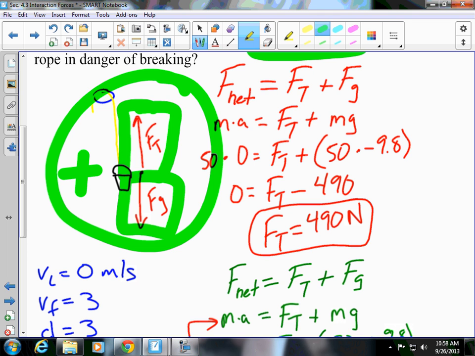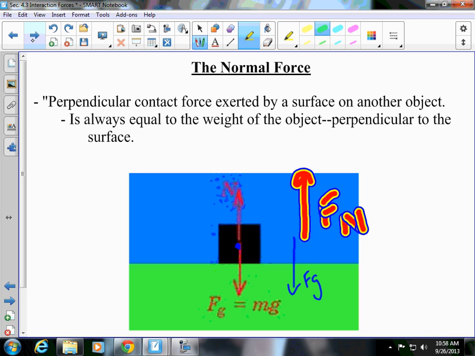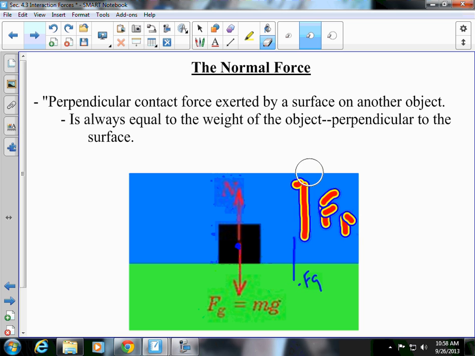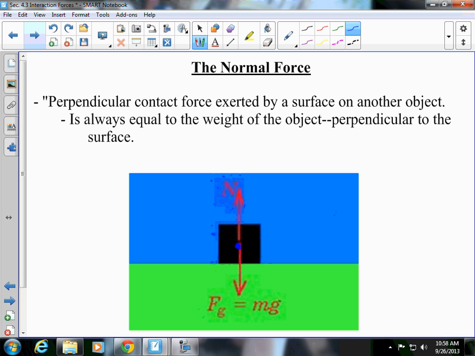So we just talked about force of tension. We've talked about force of spring a little bit. The last thing that we need to talk about is the normal force. The normal force is any force exerted by a surface on another object. So if we look at the example down below here, we have a box resting on the ground.